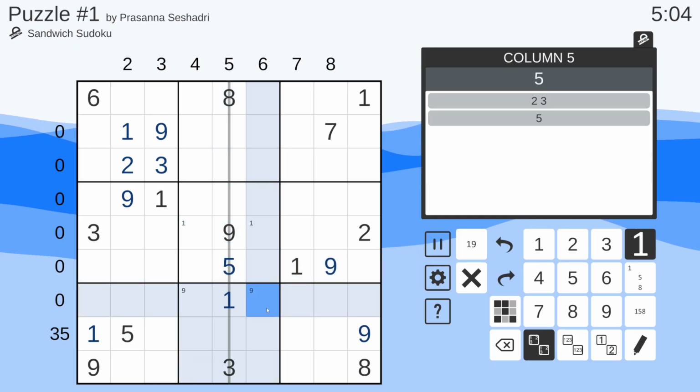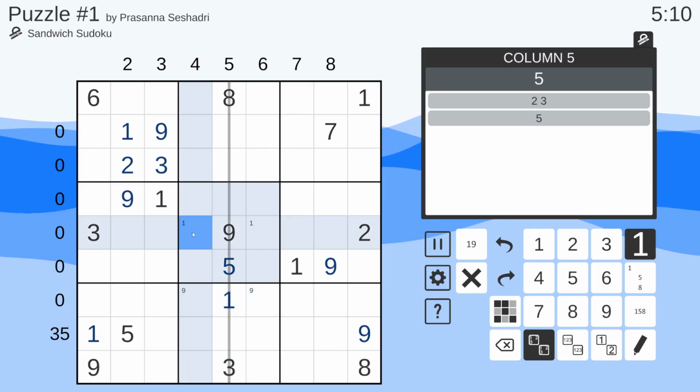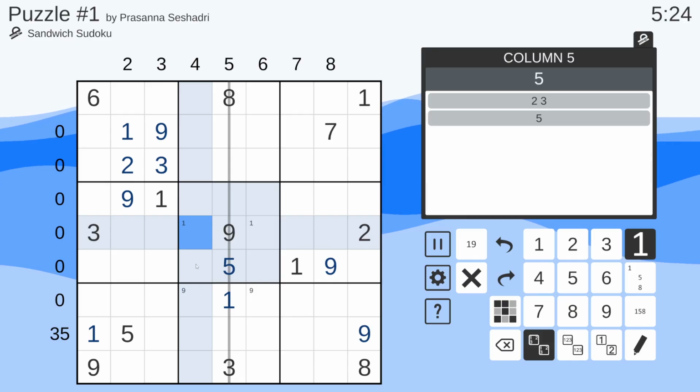9. Oh. What about the 1 and 9 in columns 4 and 6? They can only be a maximum of 2 cells away from each other.